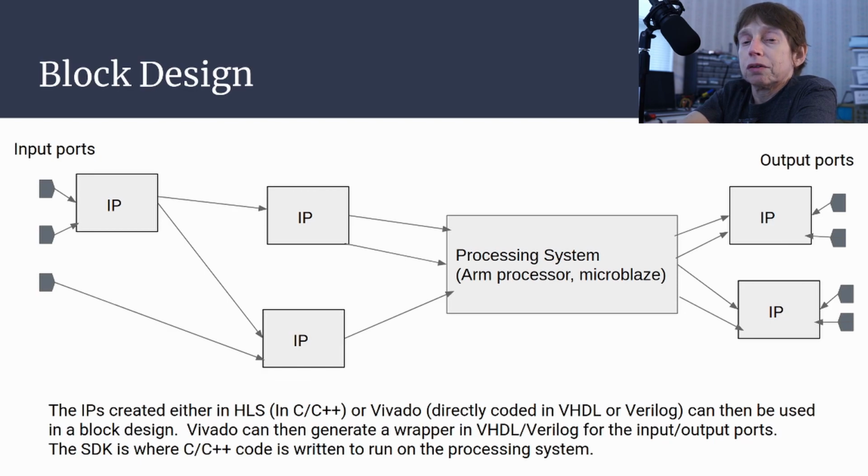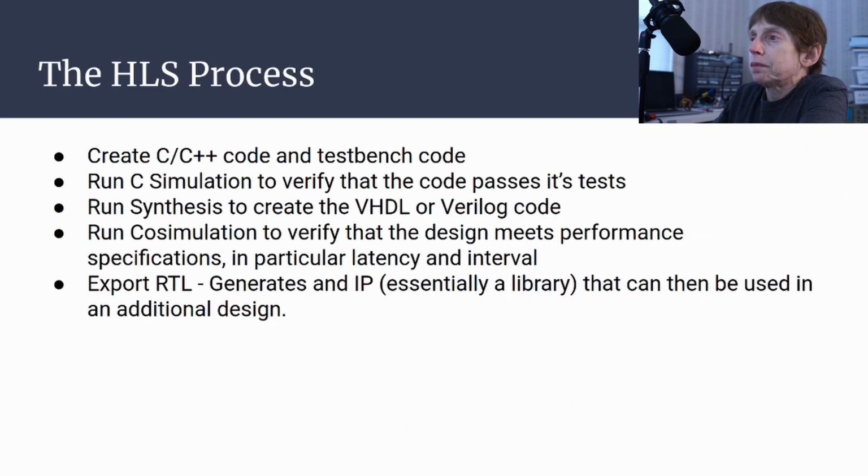And it can send them to other IP, it can send them to a GPIO port, it can send them to a terminal, etc. So this is how our IP is used once we create it.